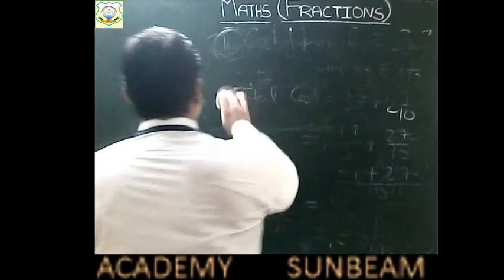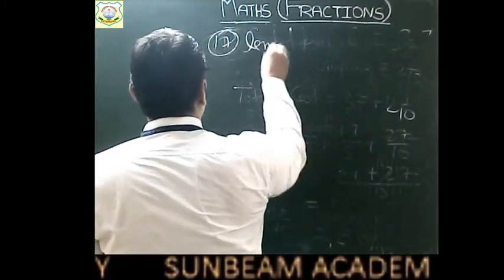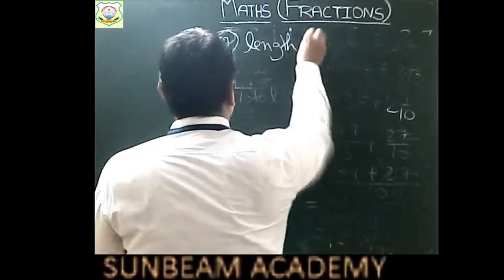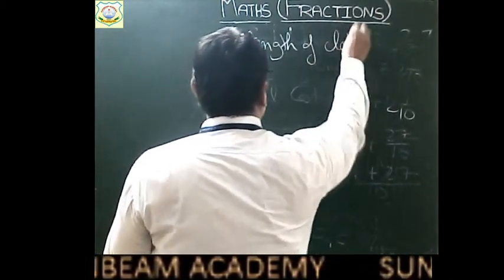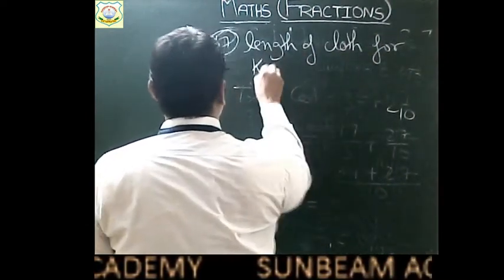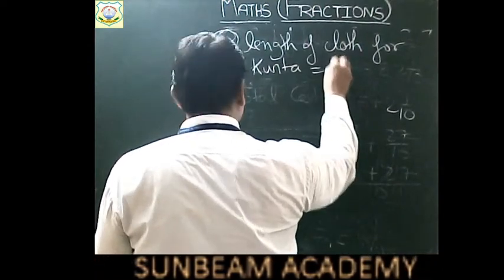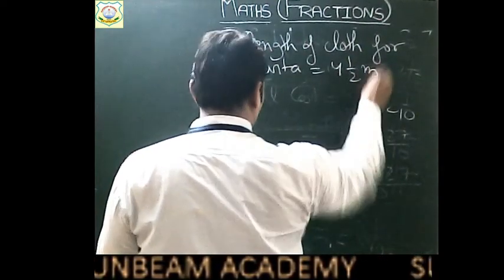So in question number 17, children, the length of cloth for kurta is how much, children? 4 whole 1 by 2 meter.